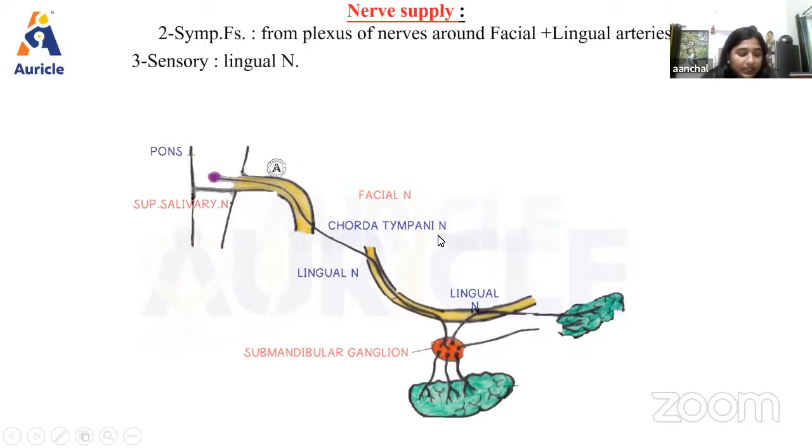Then basically chorda tympani branch of the facial nerve and lingual branch of the trigeminal nerve, and finally reach the submaxillary ganglion. Then postganglionic fibers arising from this ganglion supply the submaxillary and sublingual glands.